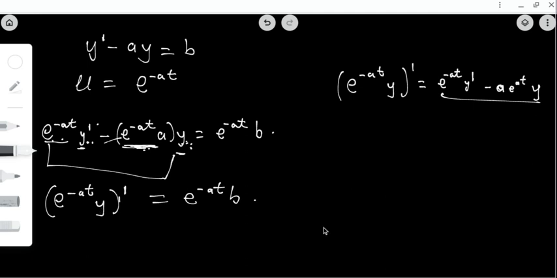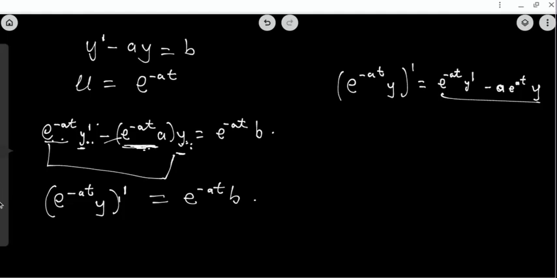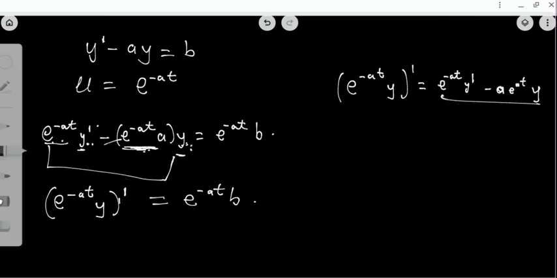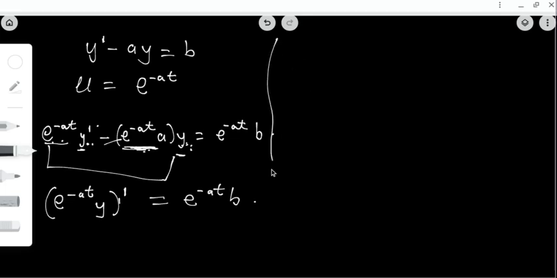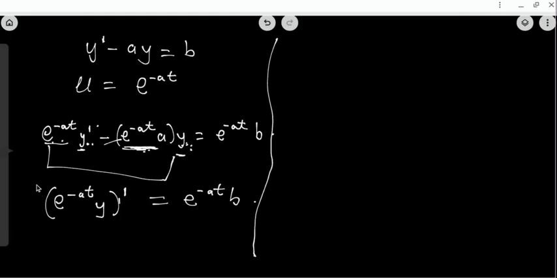Alright. So let us quickly solve it. Now we are here. We want to solve this equation. Now pay attention to this part. I want to solve this and explain something here. When you get to this point, we are supposed to integrate.